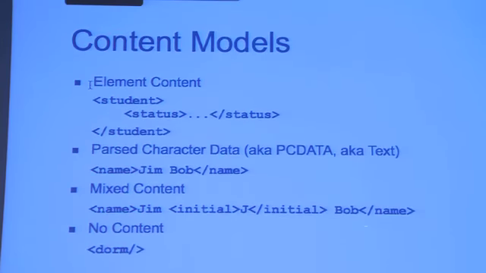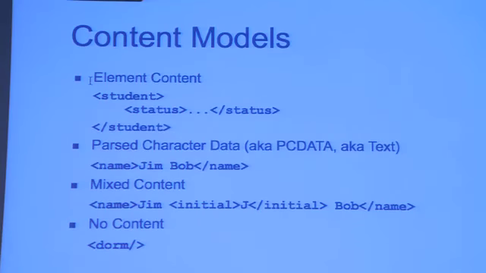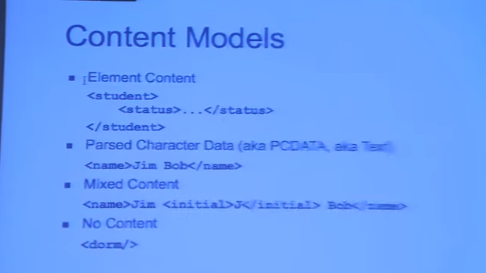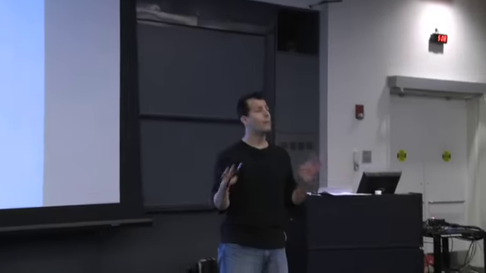How about mixed content? This is kind of a weird example that you should not do in practice, but it does convey the idea. You have a name element, and then you have Jim Bob, but Jim Bob this time has an initial, and we wanted to semantically tag his middle name for some reason, but not his first or last name. So again, bad design, but it does hint at how you can technically commingle PCDATA with elements. This is a mixed content model because you don't just have text, you don't just have an element, you have both intermingled.